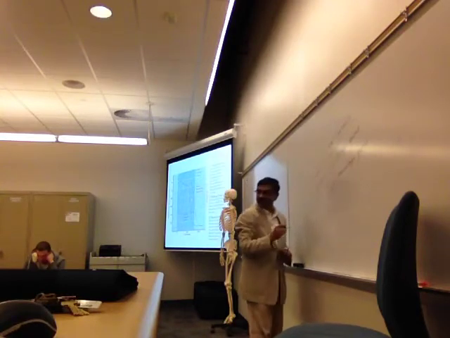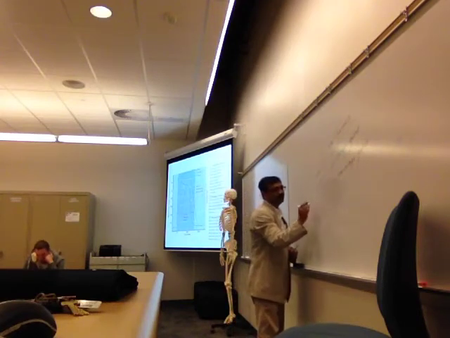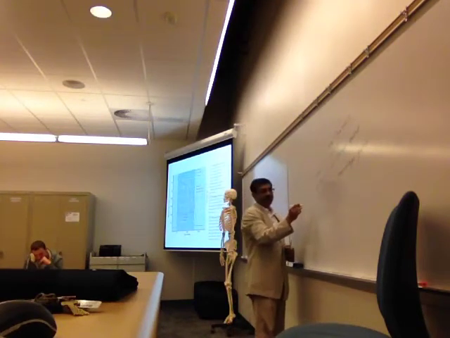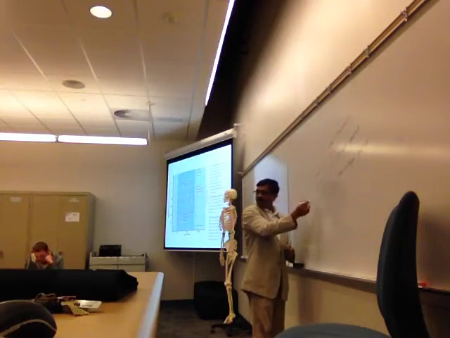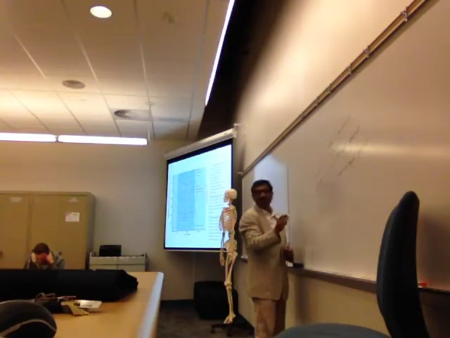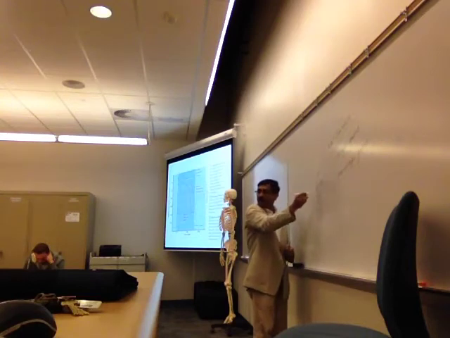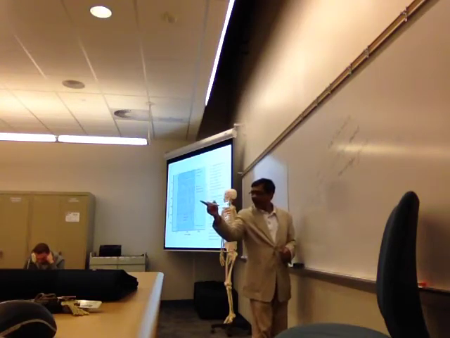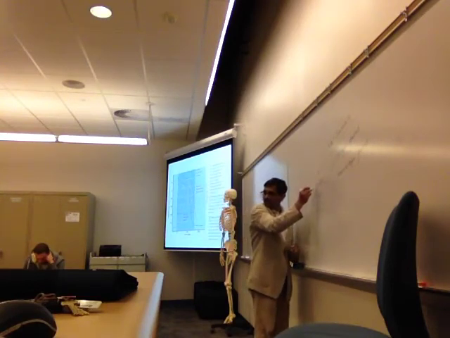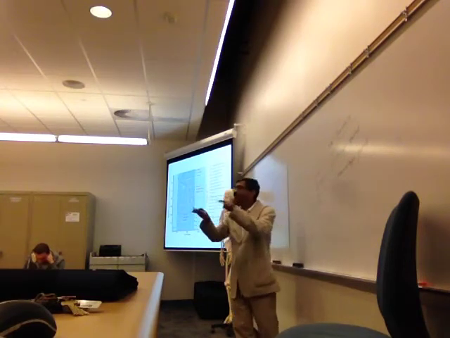At the same time, the potassium channels will get opened. Now you tell me, where is the potassium more, inside or outside? Inside is more, right? So which way will the potassium move? Outwards. So calcium and potassium channels will both be opened, but calcium will move inwards and potassium will move outwards. So they will basically cancel each other.